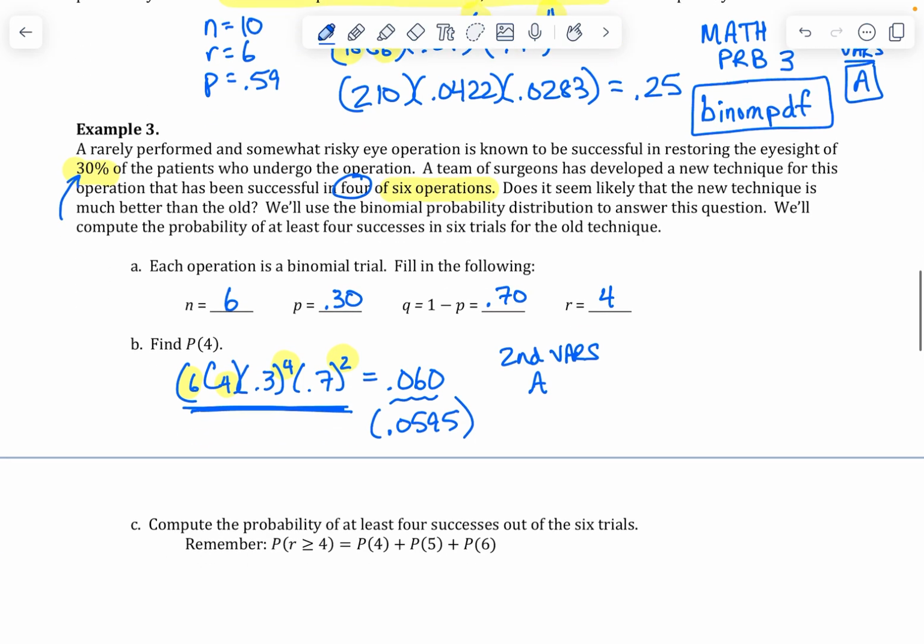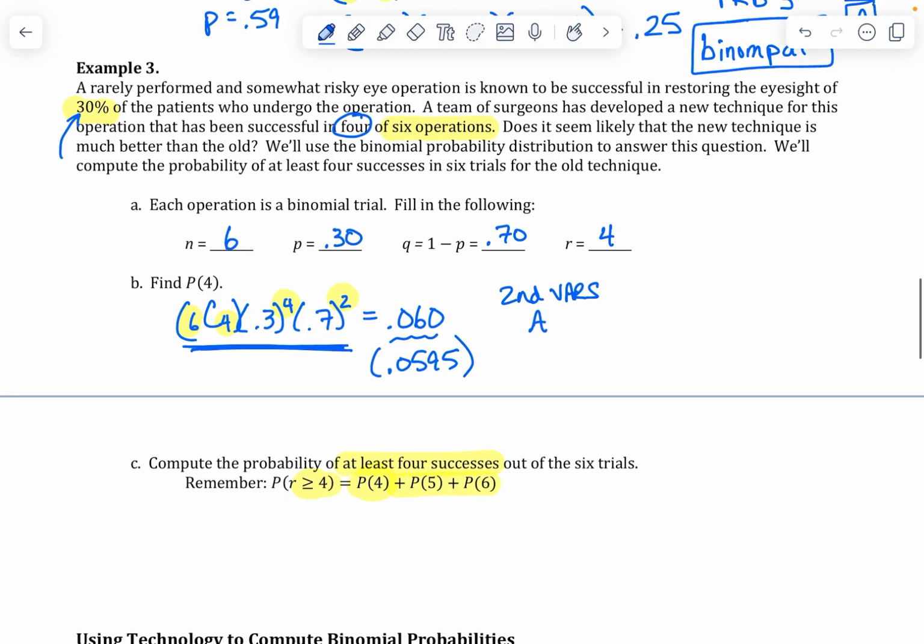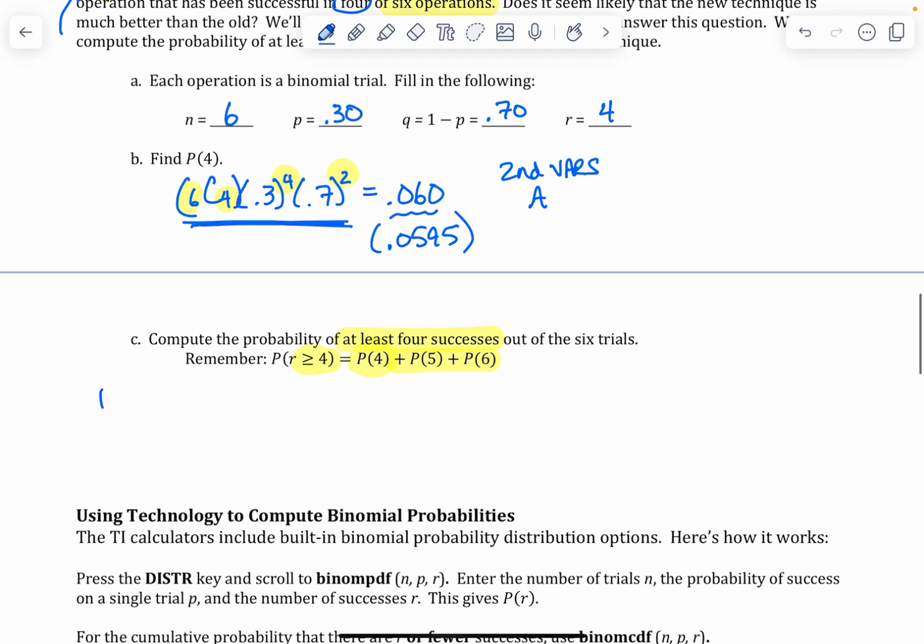Now, maybe you want to know an interval. So in part C, we want to know the probability of at least 4 successes, which means that's greater than or equal to 4. So not only are you computing the probability of 4, but then you're also adding 2 more probabilities. And this gets a little bit lengthy, right? We know that the probability of 4 we just figured out was 0.0595.